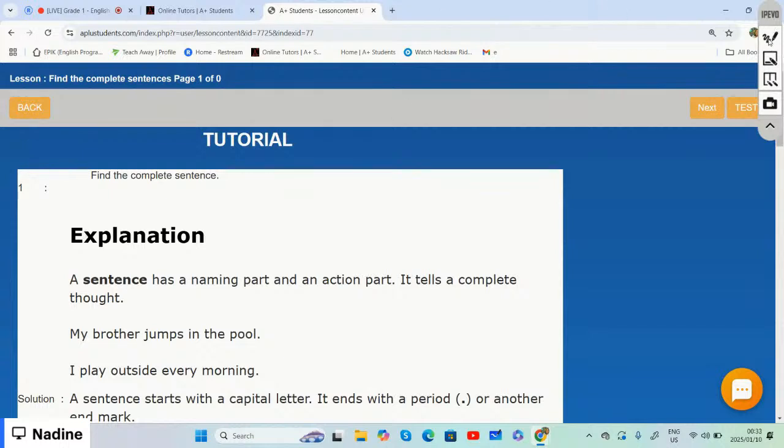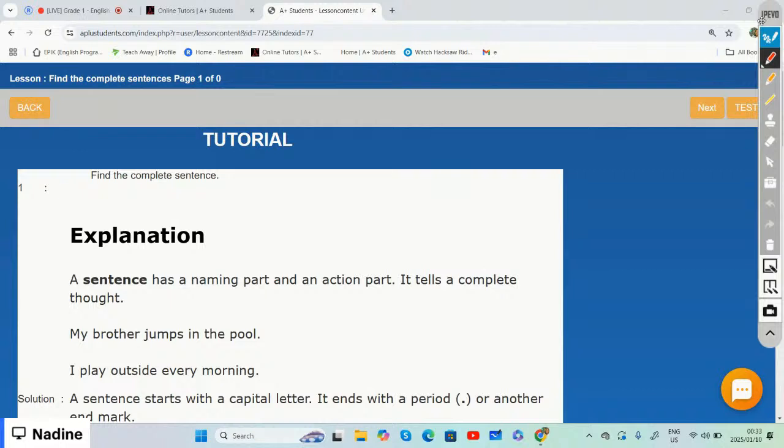And when it comes to the naming part of a sentence, it's basically telling us who or what is doing the action within the sentence.